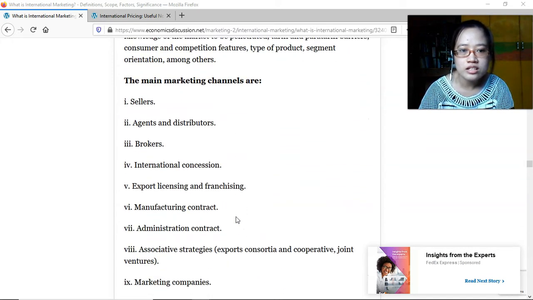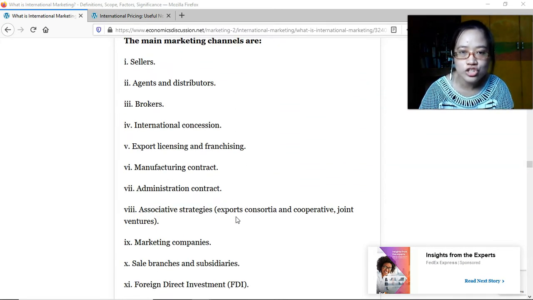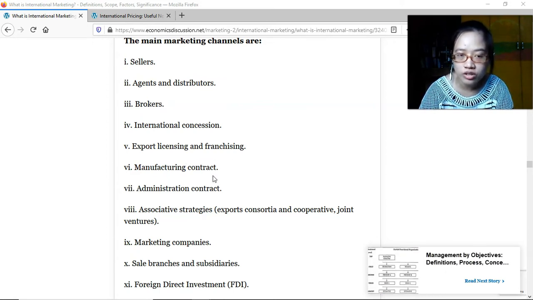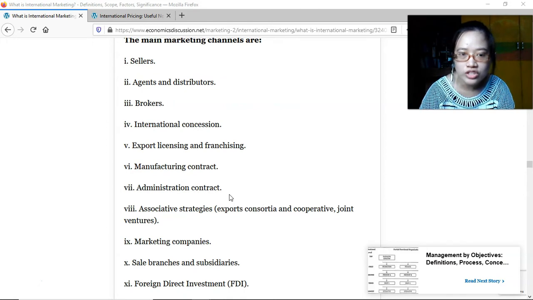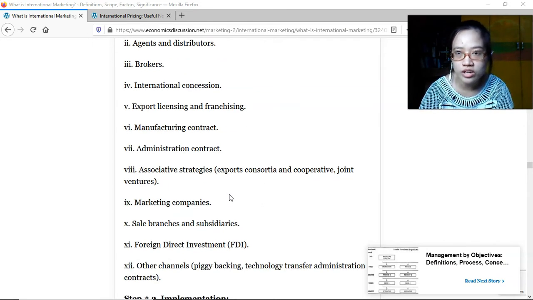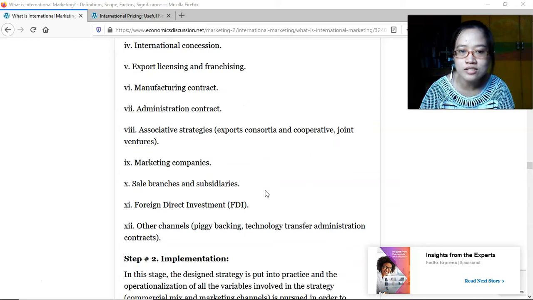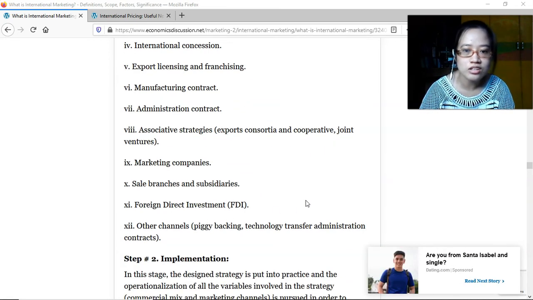Main marketing channels: sellers, agents and distributors, brokers, international concession, export licensing and franchising, manufacturing contract, administration contract, associative strategies, export consortia and cooperative joint ventures. You have your marketing companies, sale branches and subsidiaries, foreign direct investment, other channels, piggybacking, technology transfer, administration contracts.